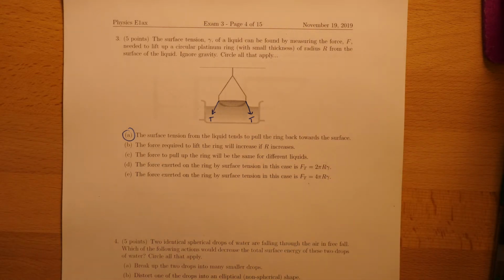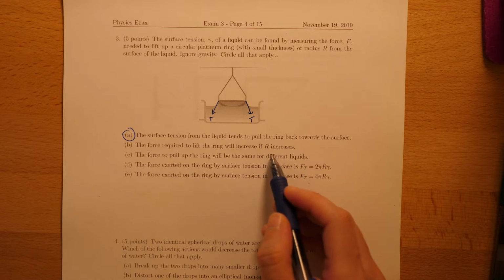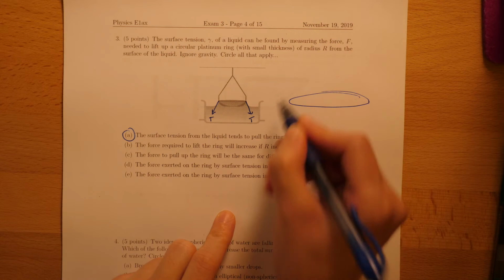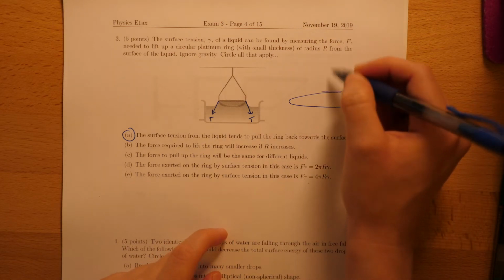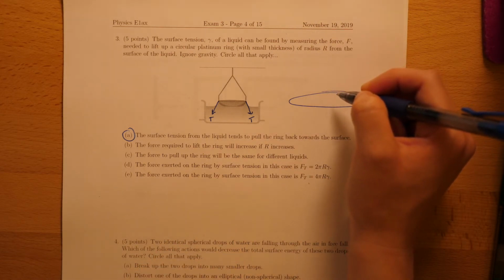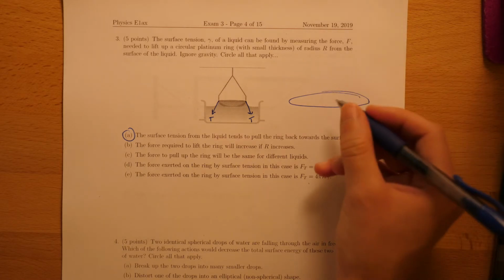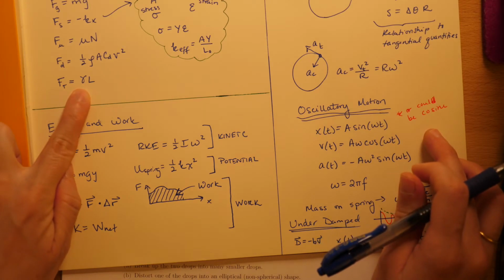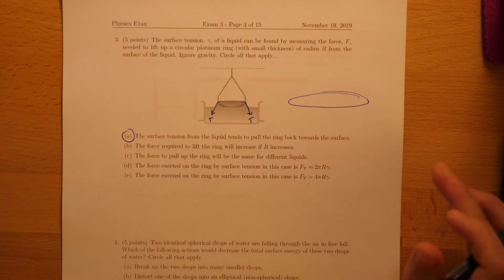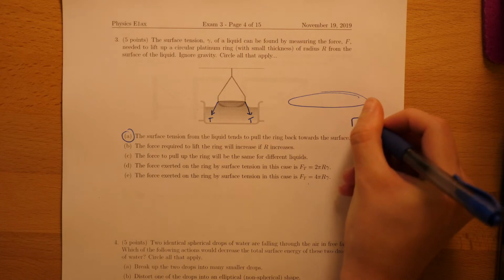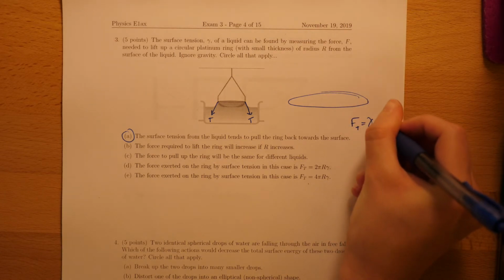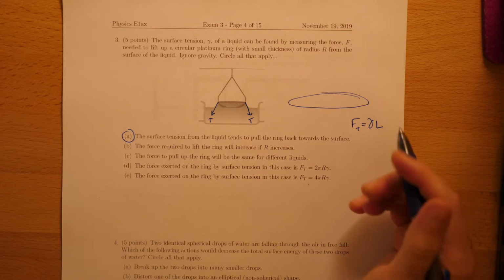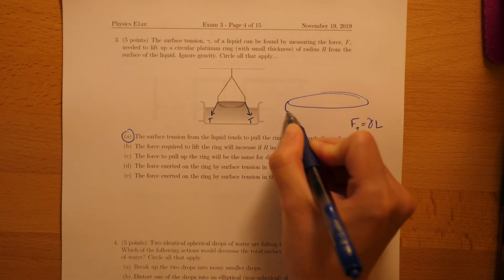The force required to lift the ring will increase if r increases. So they're saying if we take this ring and we make it bigger, will the tension force needed to lift increase? So the tension force here is gamma times L, and L is the length of the edge.